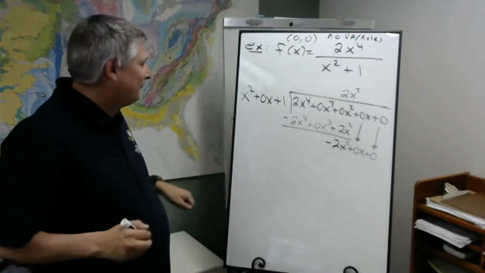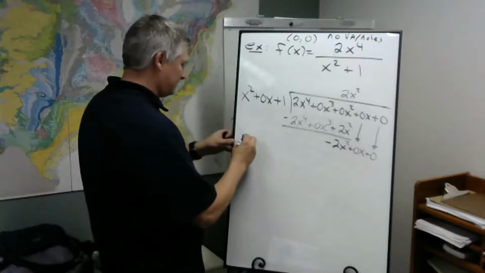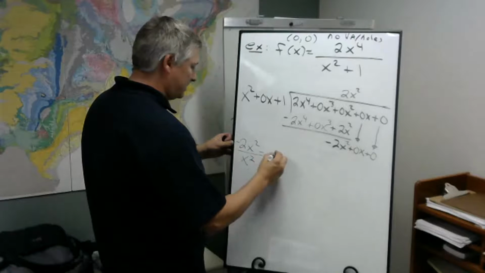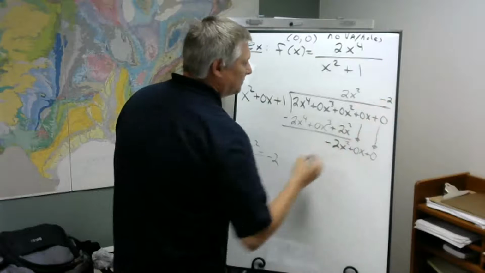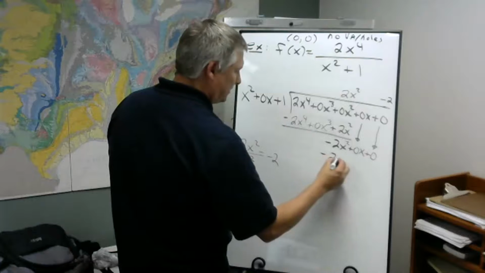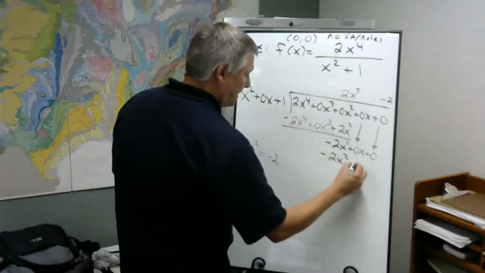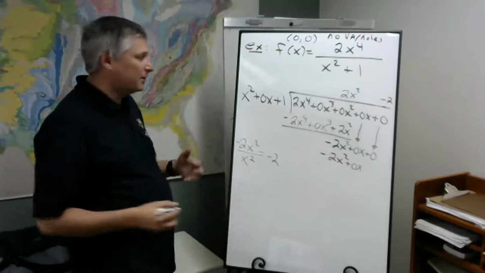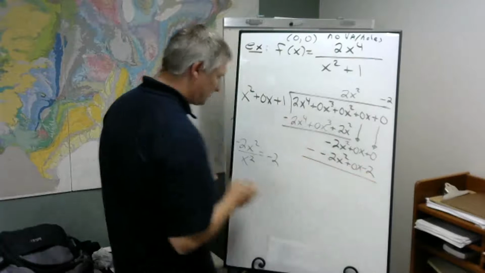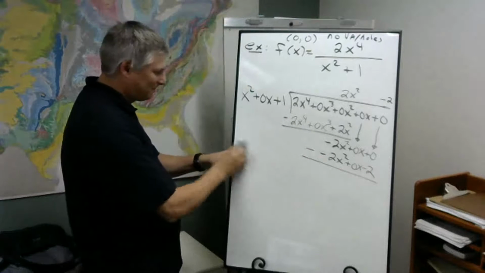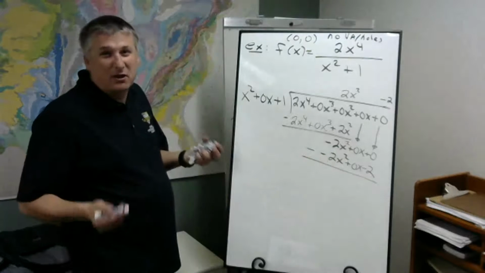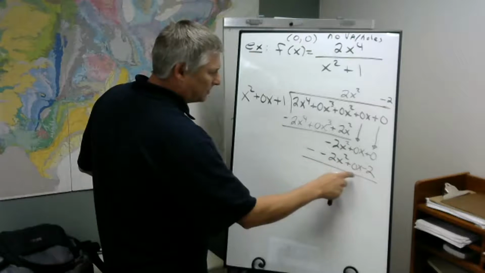So now we start again. X squared goes into 2x squared minus 2x squared, negative 2 times. So a minus 2, and then negative 2 times this: minus 2x squared, plus 0x, because negative 2 times 0 is 0, and then negative 2 times 1 is minus 2. So negative 2x squared subtract itself. Anything subtract itself is 0. 0 minus 0 is 0.